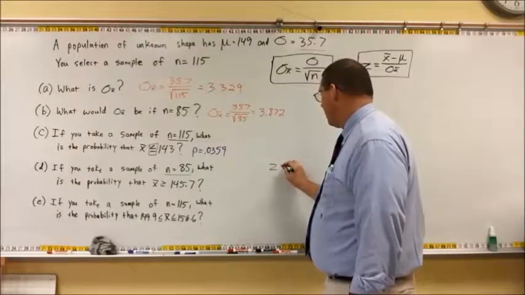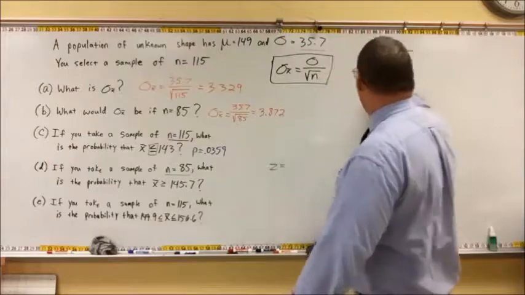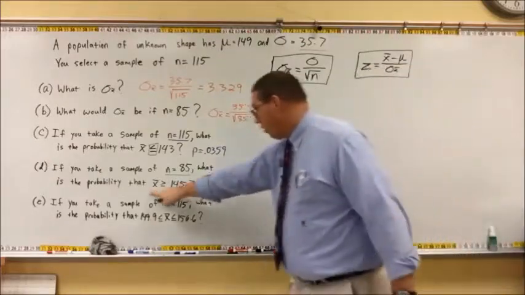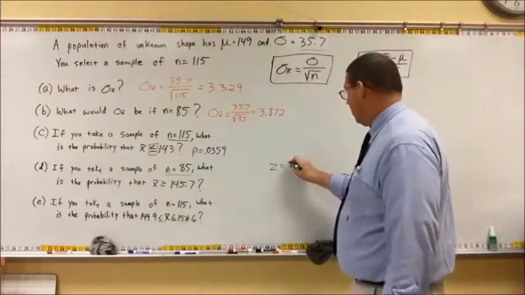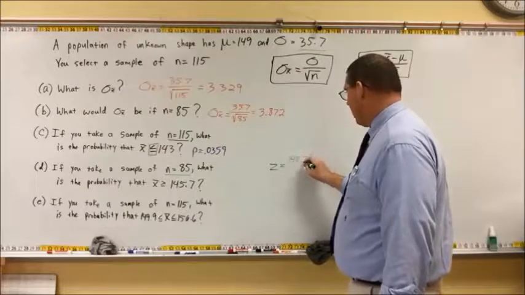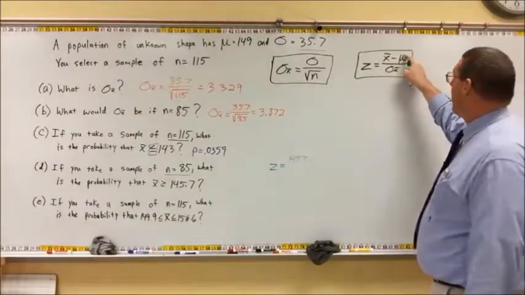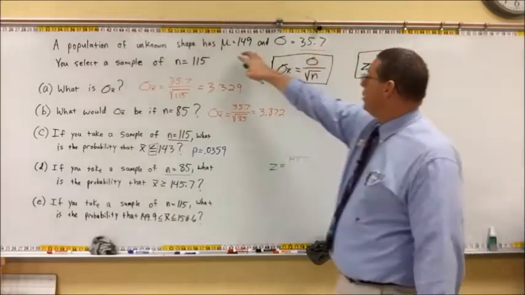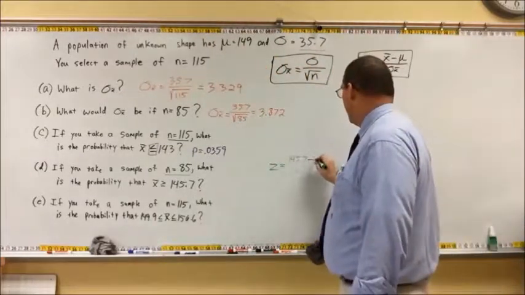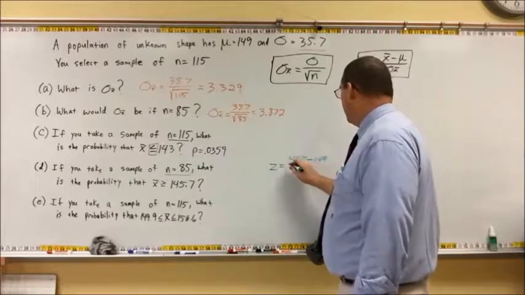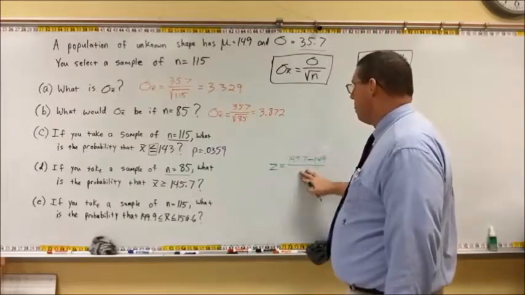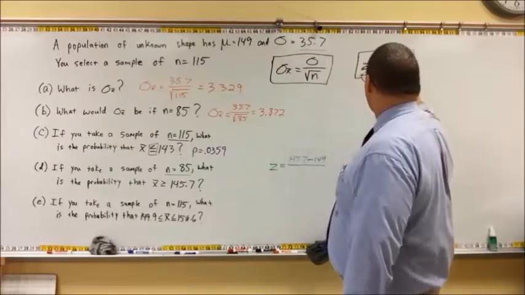So z is going to be equal to, well, what's the x bar? They gave us an x bar of 145.7. So 145.7 minus the population mean, which is 149, divided by the standard error.